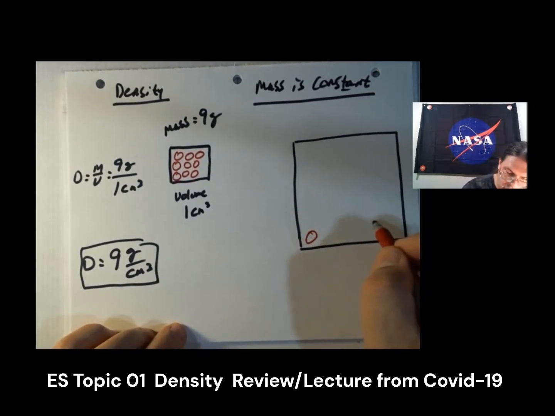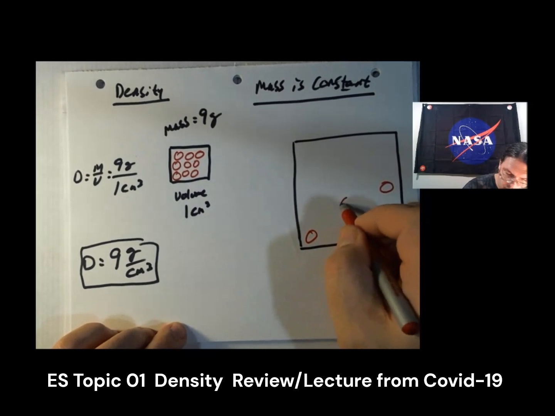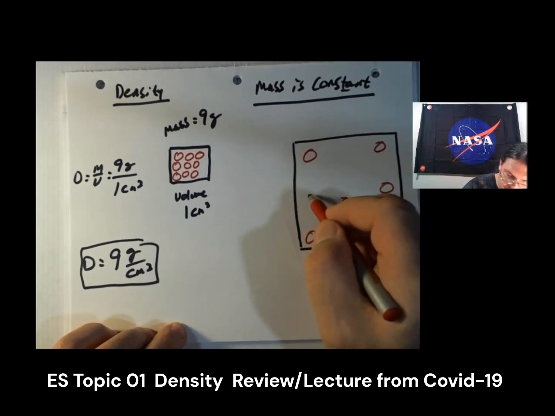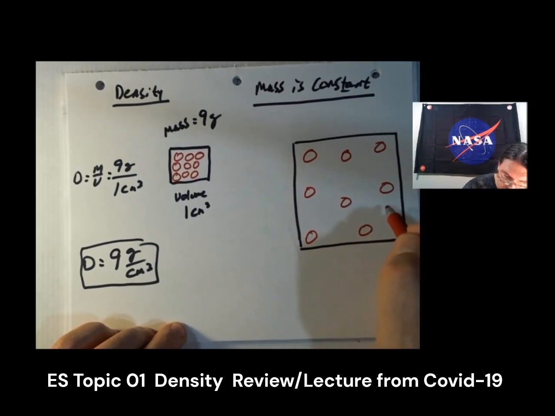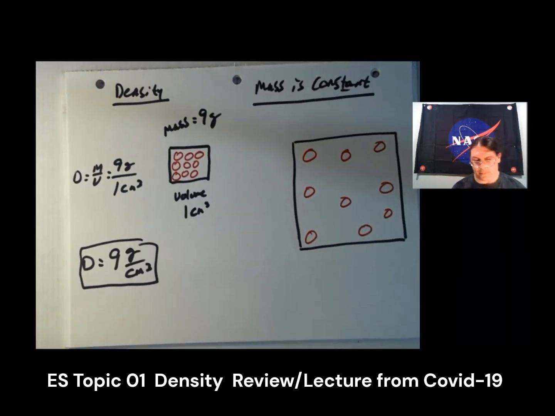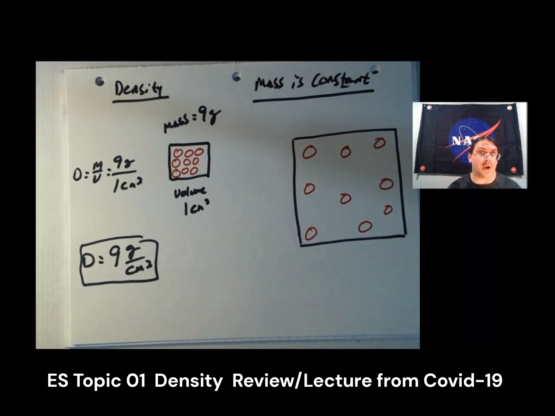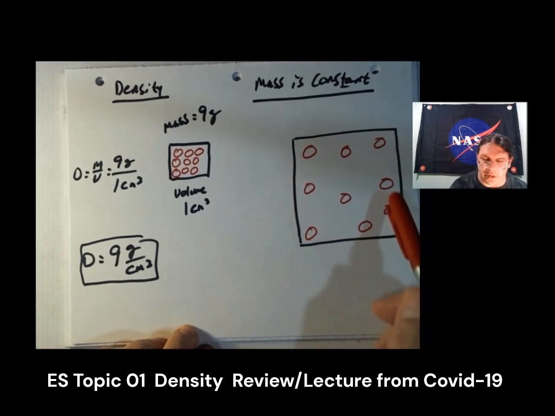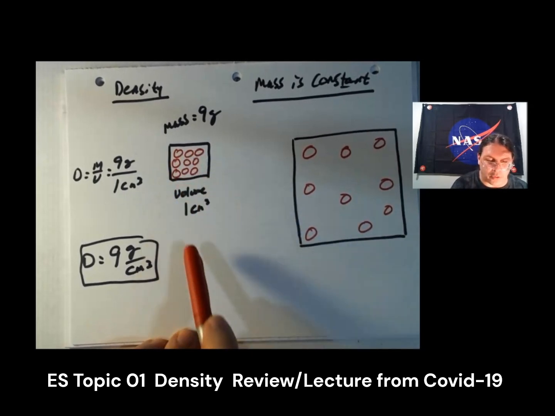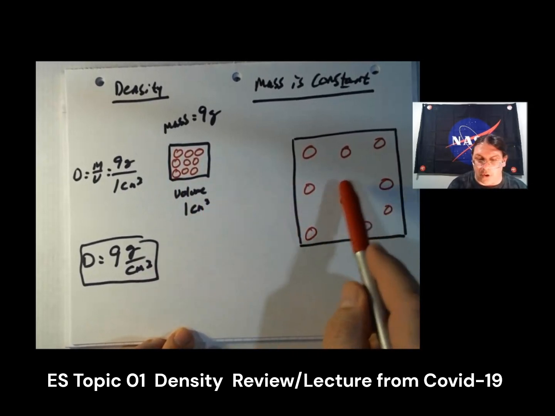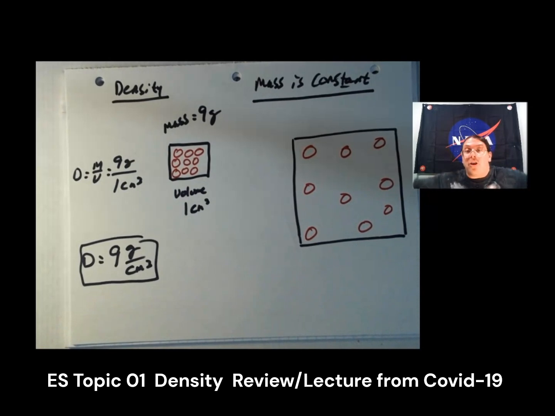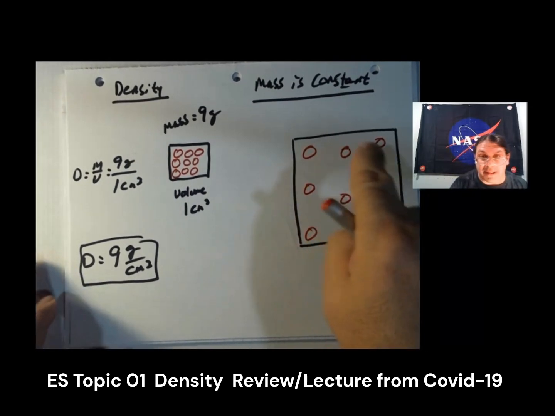So I have 1 there, 2, 3, 4, 5, 6, 7, 8, 9. Notice the distance between them has increased. When my volume increased, notice the distance between them increased. I have 9 particles here. The same 9 particles now are in here, but my volume increased. So they got more space between them.